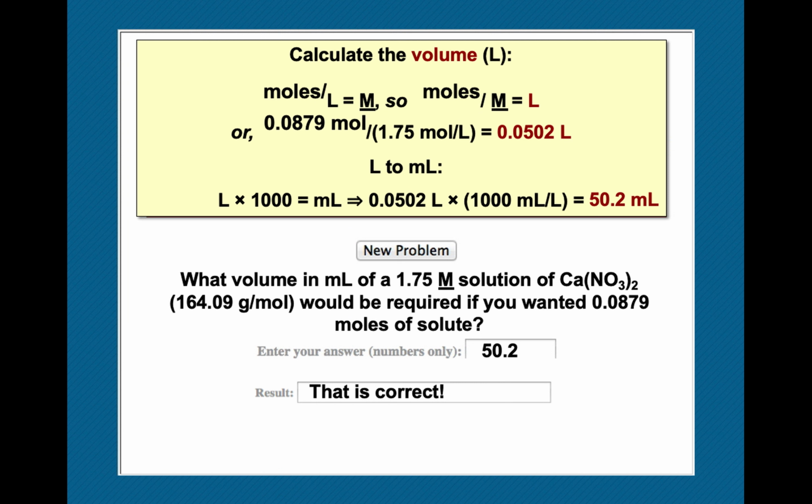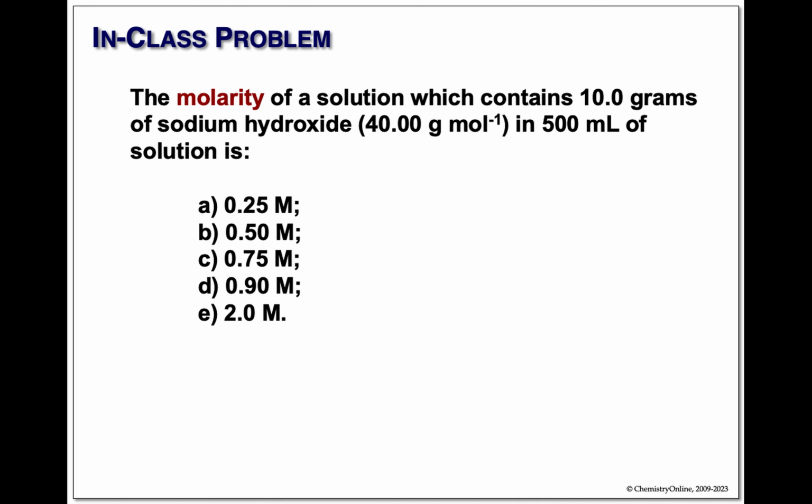Well, an obvious question is, what's going to be on the exam, right? Let's do a couple exam questions. Molarity of a solution that has 10 grams of sodium hydroxide in 500 mils is what? To calculate molarity, we need moles divided by liters.